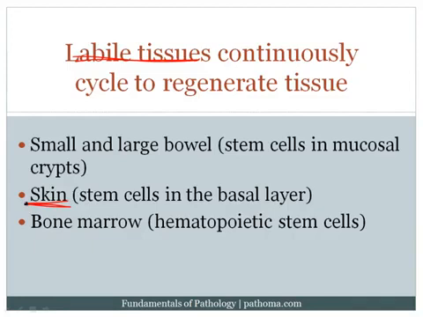And so you'll get regeneration of the tissue. Same thing with the small and large bowel. When a patient gets an infection in the GI tract and gets diarrhea, you don't worry about transplanting the bowel, because the bowel basically has the ability to regenerate itself. So that's the first type of tissue.